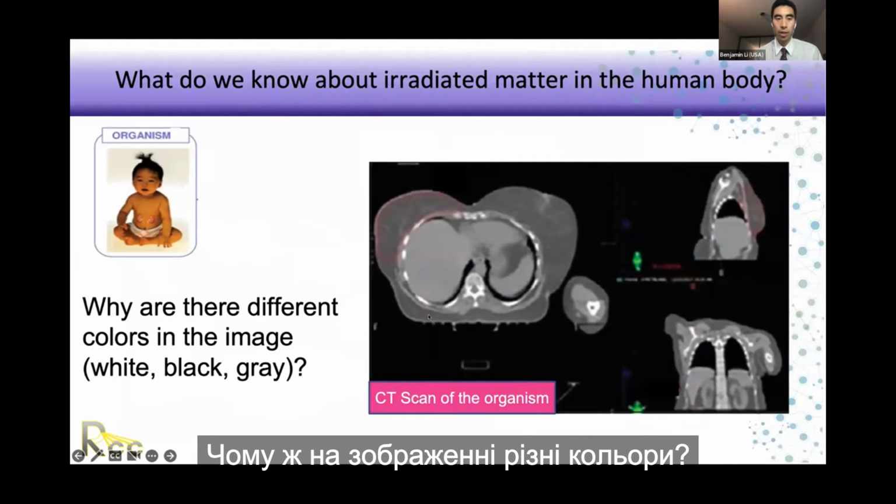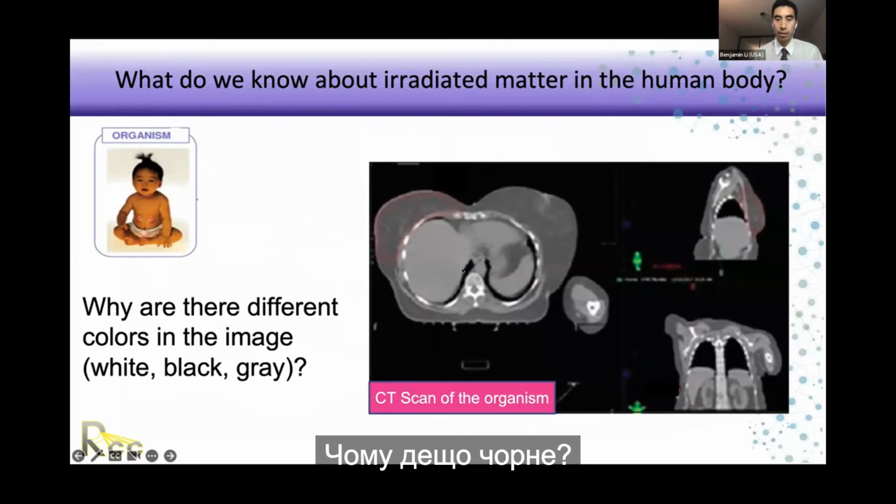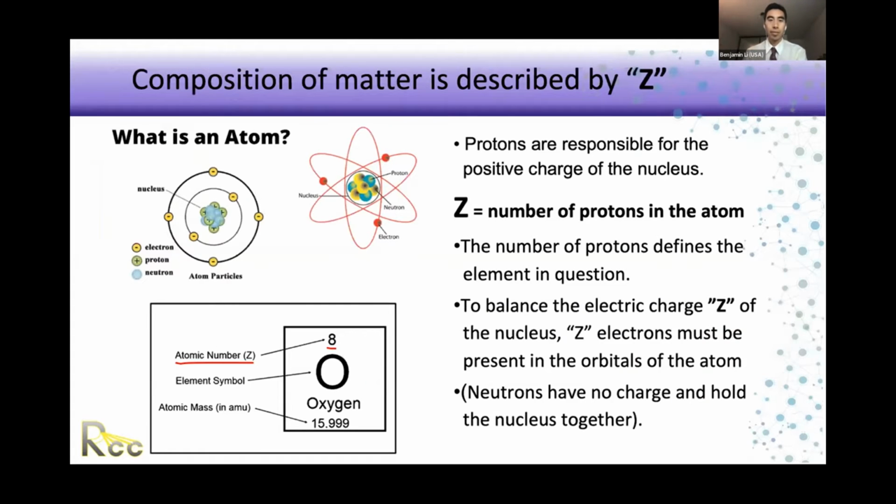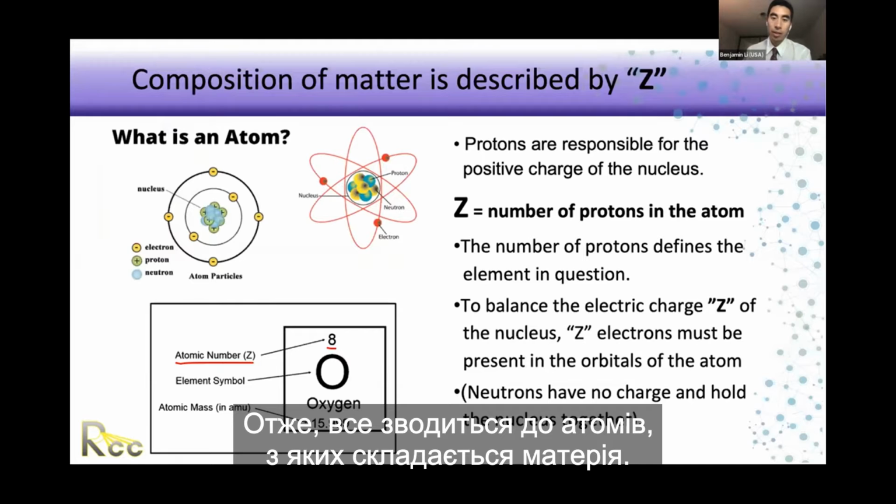So why are there different colors in the image? Why is some of this white? Why is some of it black? Why is some of it gray? So it comes down to the atoms that matter is made of.